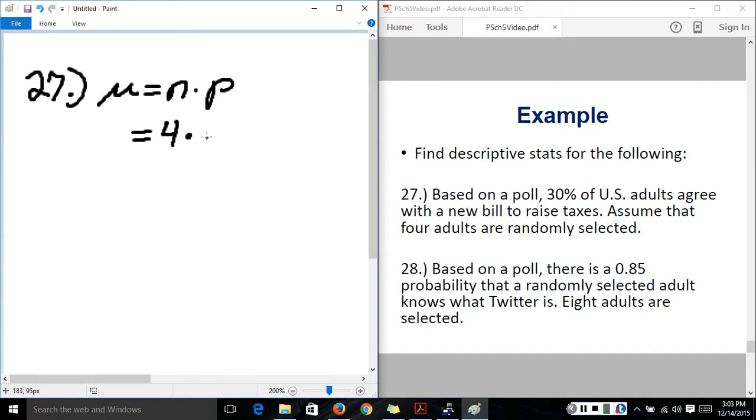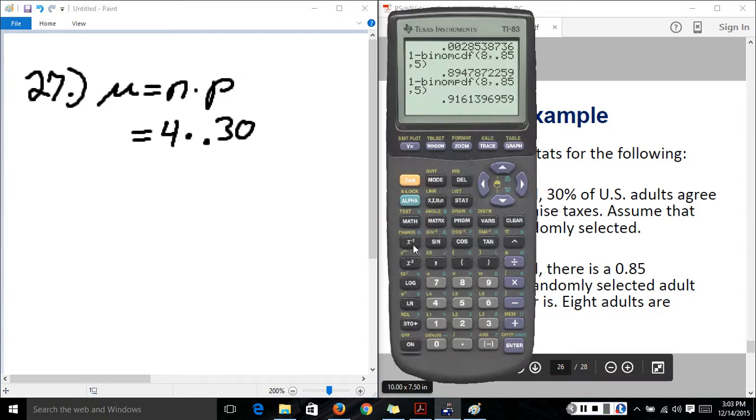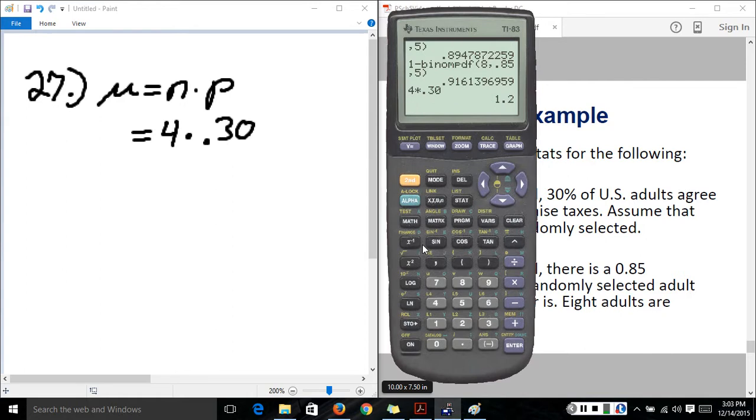Probability of success is 30% or 0.30. Be sure to convert that over to a decimal. And at that point, if I use the calculator, I can confirm that 4 times 0.30 is 1.2. That's my answer for the mean.